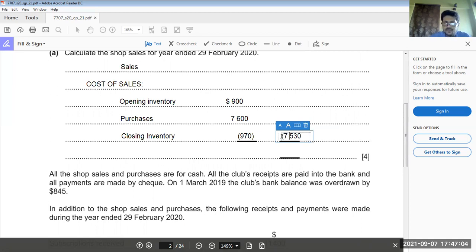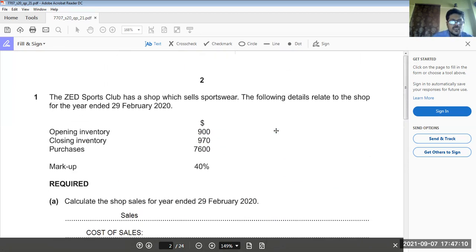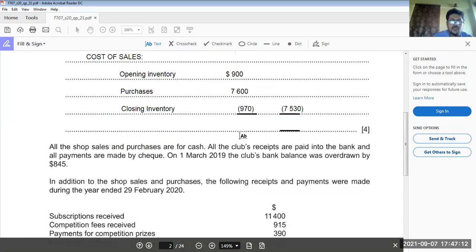Now, if we are selling at 40% mark-up, it means the selling price is 140% of the cost. So 7,530 multiplied by 140 divided by 100. 7,530 multiplied by 140%.